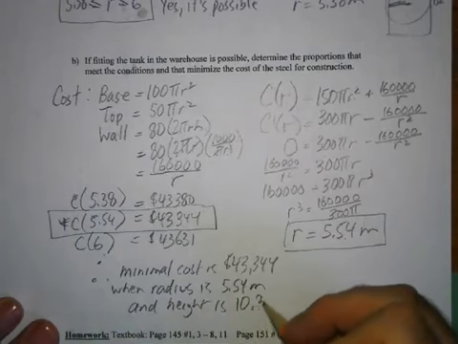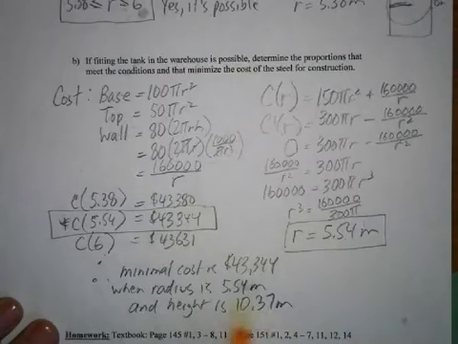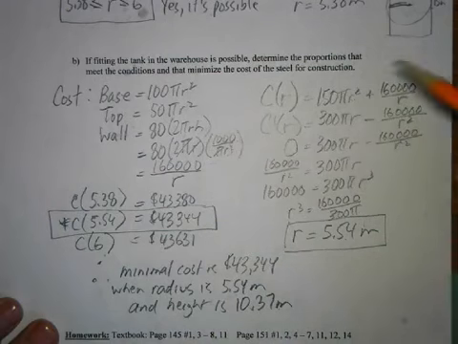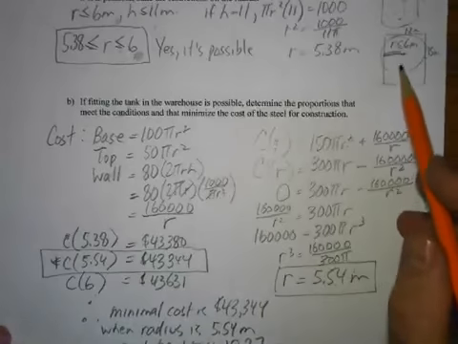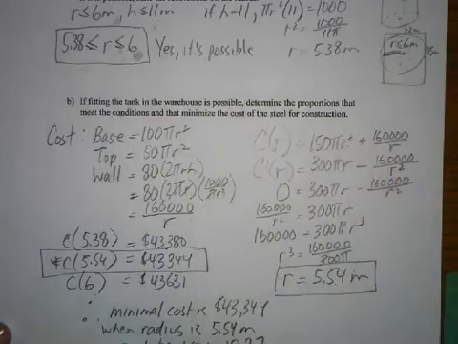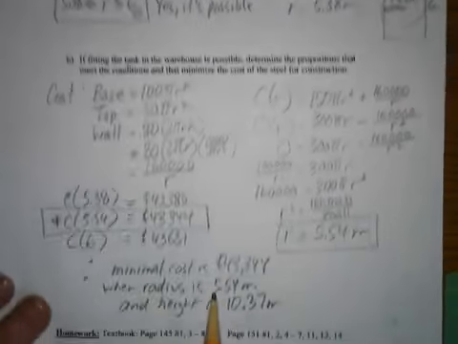And you can see with these dimensions, it's not too tall for the building, and the 5.54 is less than the 6. So this will fit in the building, and it is the minimum cost. So that's quite a doozy question.